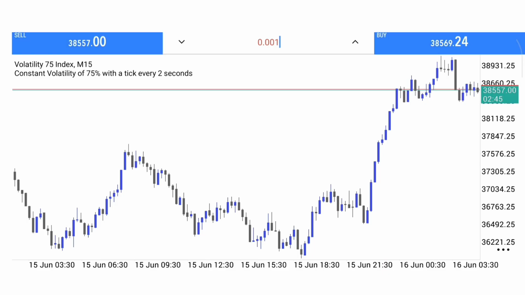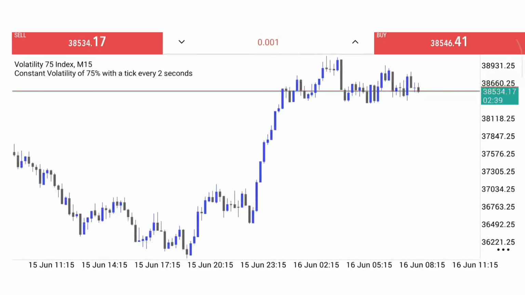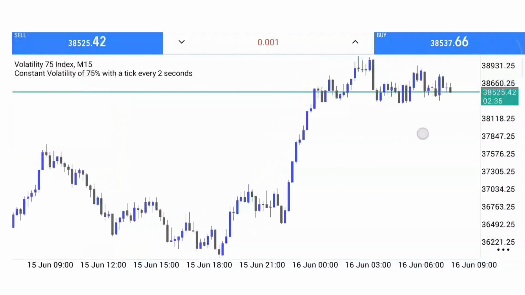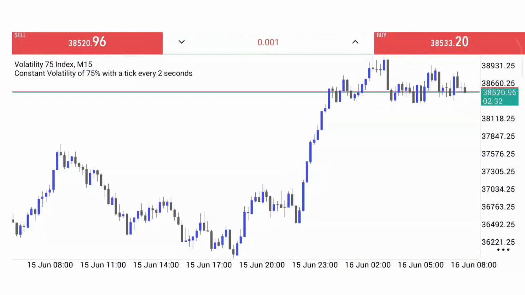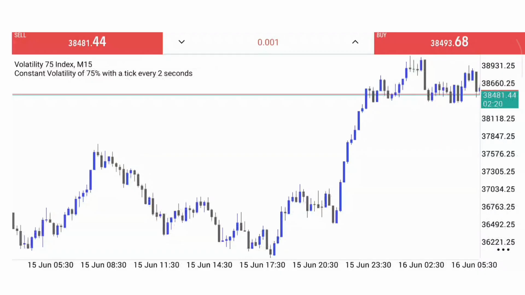So now you can no longer trade with 0.001, which we used to grow a lot of small accounts. Like when I say small account, I mean very, very small account. Even cents, we trade cents using this lot size. But right now you can no longer trade with this lot size on Volatility 75.